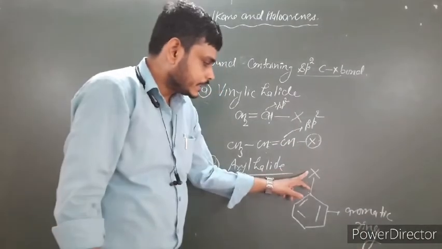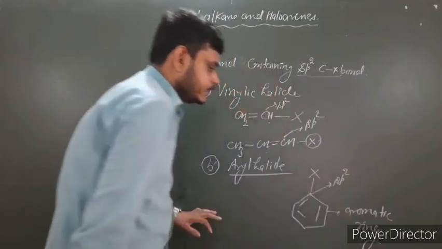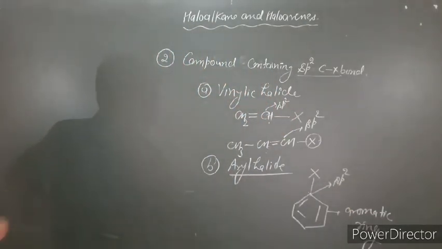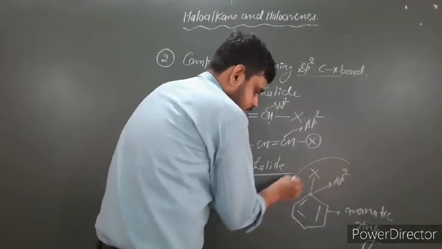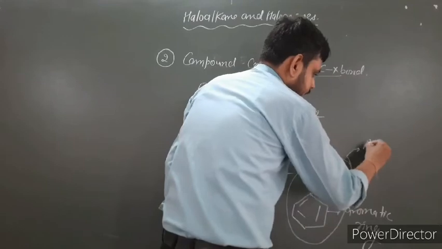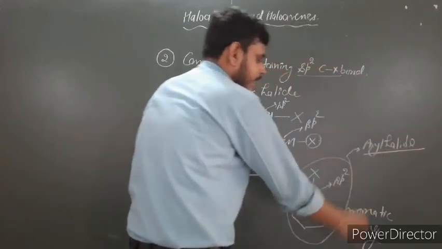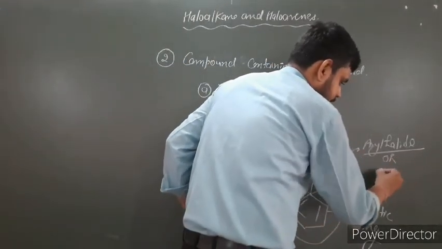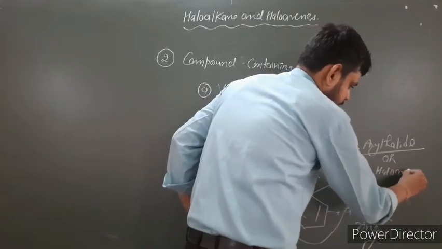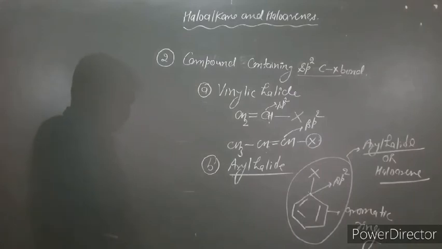Here the halogen atom is directly attached with the sp2 hybridized carbon atom of aromatic ring. So this type of halogen derivative is called aryl halide or haloarene. Clear? Vinylic halide, aryl halide.